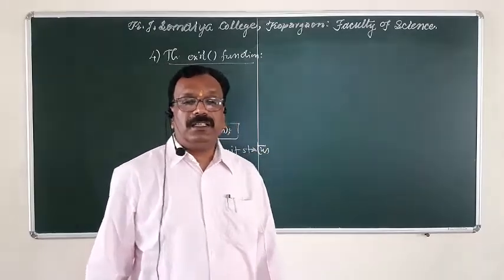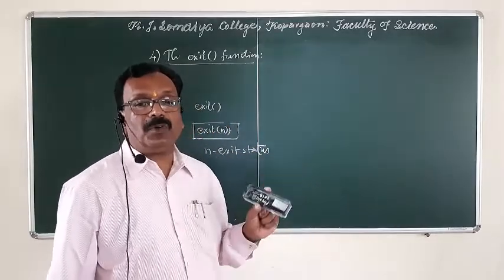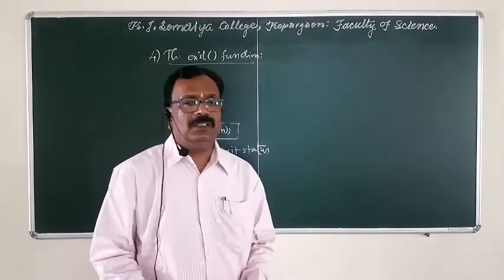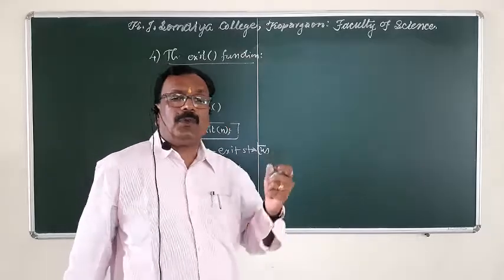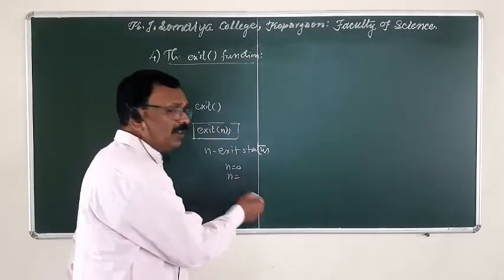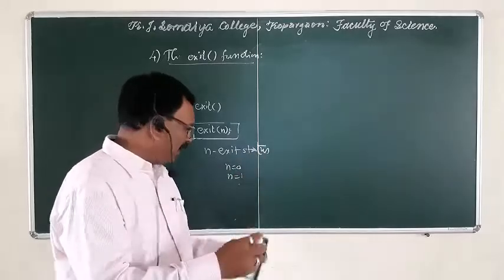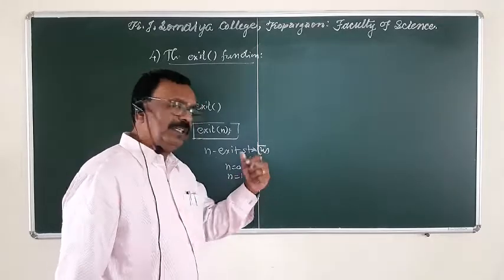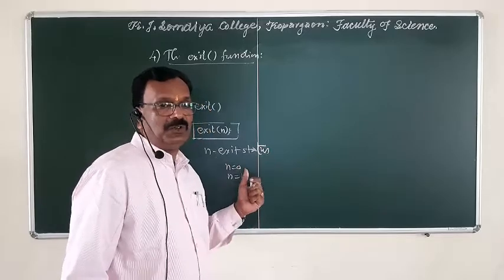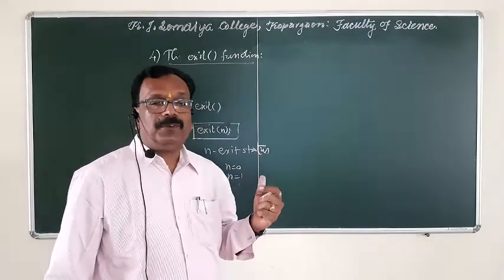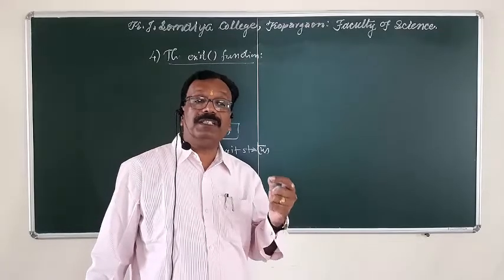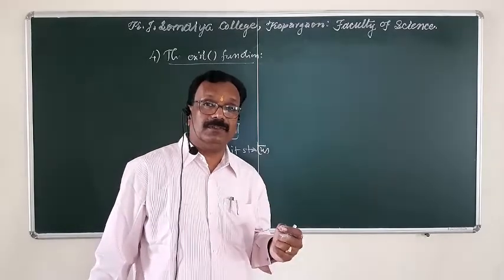The exit status value is 0 for a program that terminates normally. When n is equal to 0, that means the program terminates normally, and when n is non-zero, that is 1, 2, 3, whatever it may be, then the program terminates due to some detected error condition.